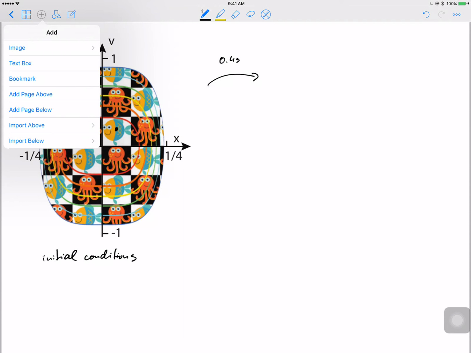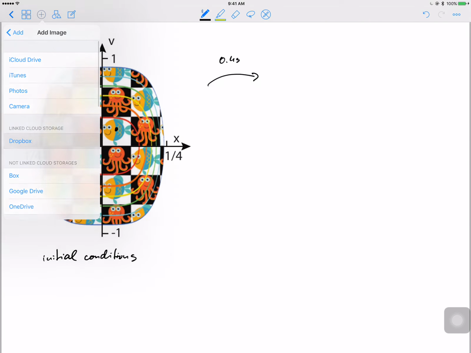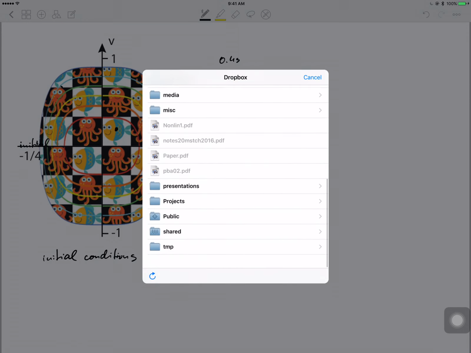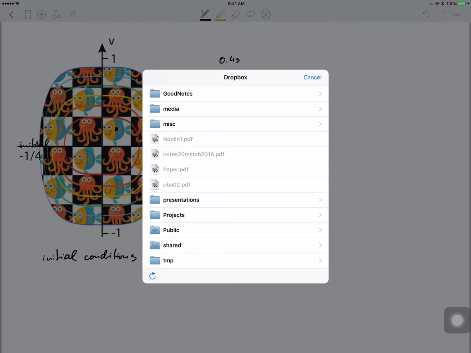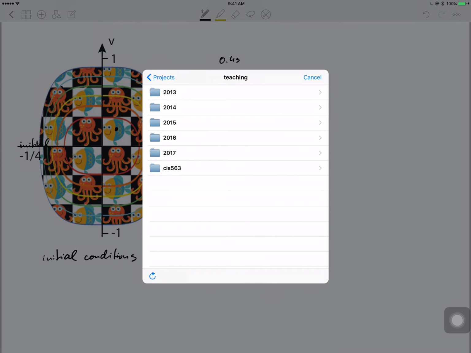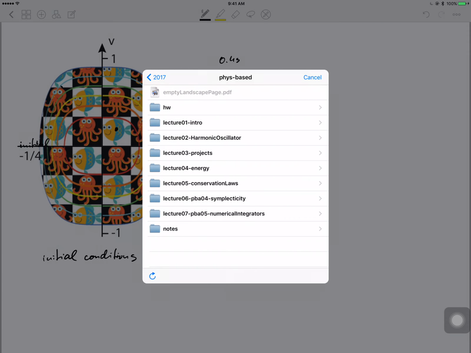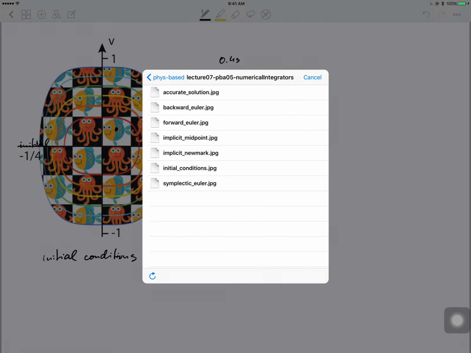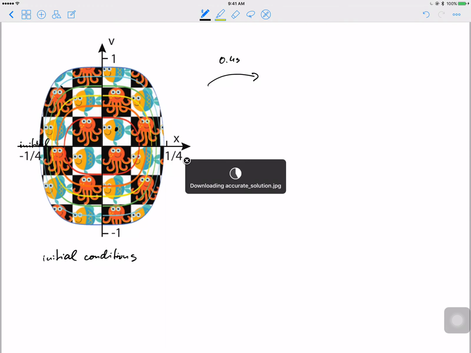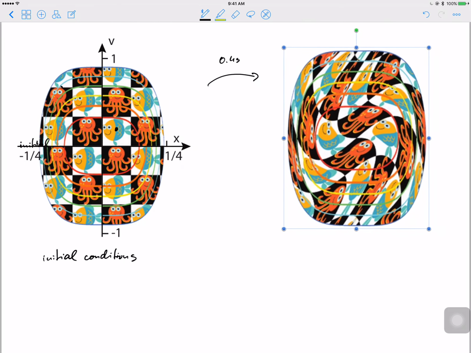Jing, while I look it up, do you want to explain how we computed the exact solution? Because it's not quite exact. Yeah, we use a very small time step, like a 1,000th of the 0.4 seconds, so 0.4 milliseconds, and do it 1,000 times.